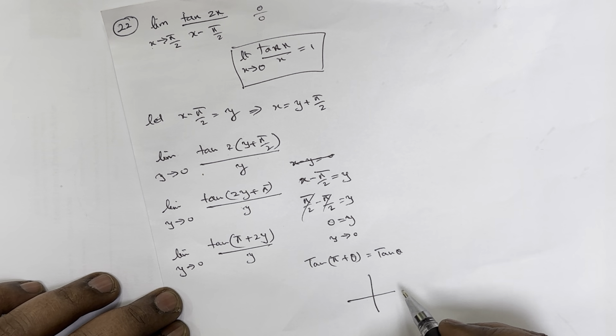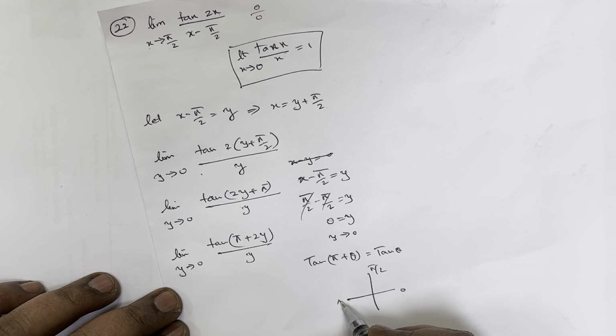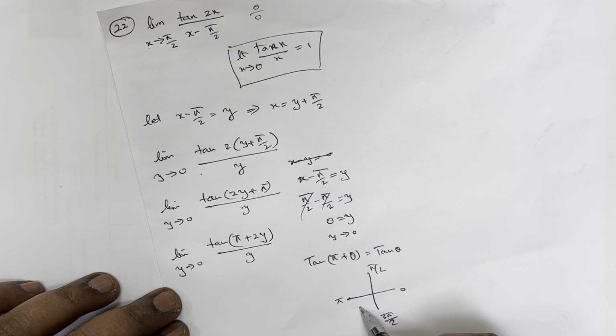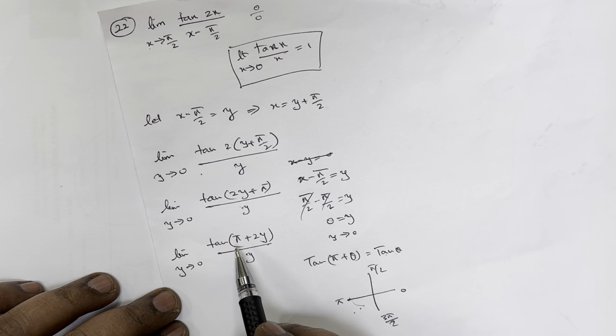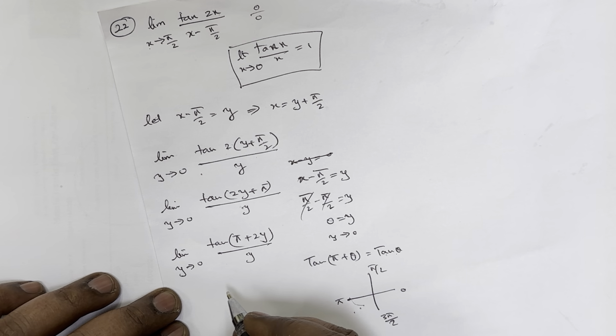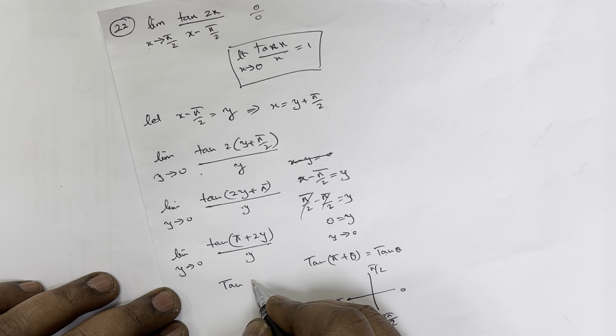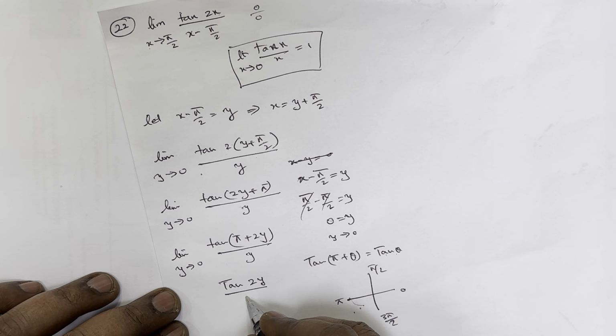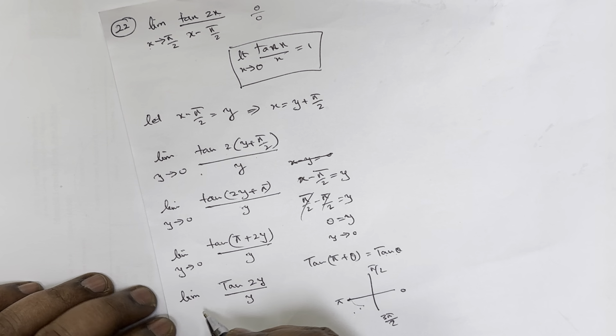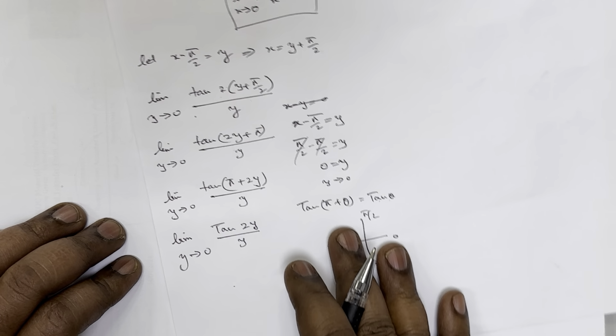You see, this is 0, this is pi by 2, this is pi, this is 3 pi by 2. So pi plus theta comes in the third quadrant, where tan is positive, and the function also doesn't change, tan remains tan. So you can write tan of pi plus theta is equal to tan theta. So tan of pi plus 2y can be written as tan 2y. So we get tan 2y upon y, limit y tends to 0.